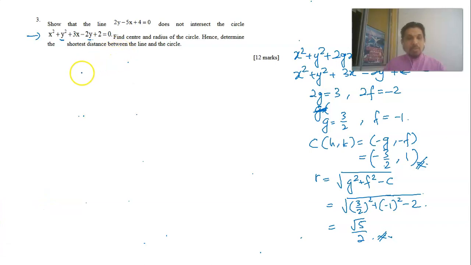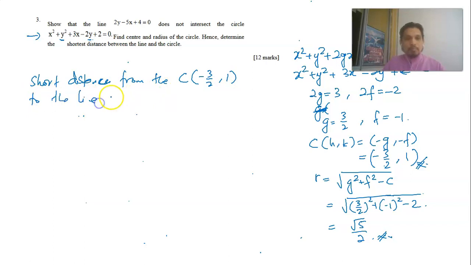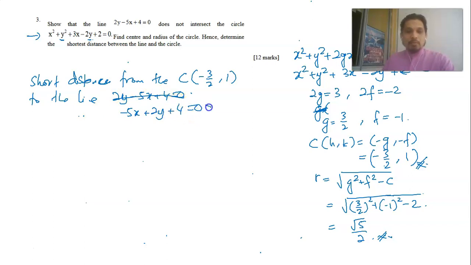Okay, so this one, the shortest distance from the center, which is negative 3 over 2 and 1, to the line 2y minus 5x plus 4 equal to 0. Or we change this into negative 5x plus 2y plus 4 equal to 0.